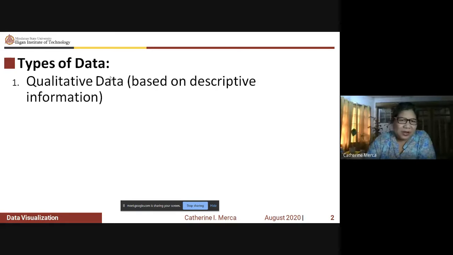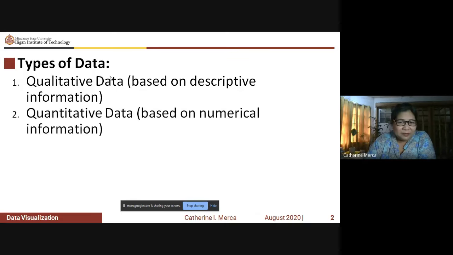We have your qualitative data based on descriptive information. For example, yun yung mga names ninyo, tapos yung age, okay? So yung job, ano ba yung pinadescribe ko? There are four description yata doon about dun sa people na i-involve ninyo sa table.